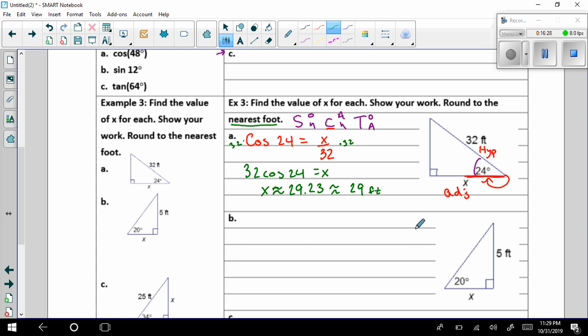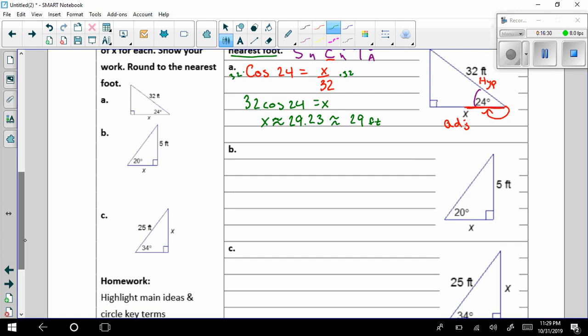Okay. The next one's a little bit different. So let's go ahead and set that one up. We have here a 20-degree angle, right? That's our angle of interest. And we have the side where 5 feet is would be the opposite side to that. And then where x is located is your adjacent side.